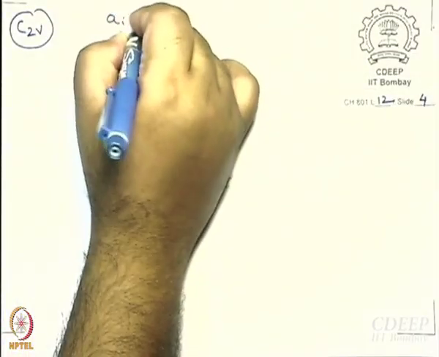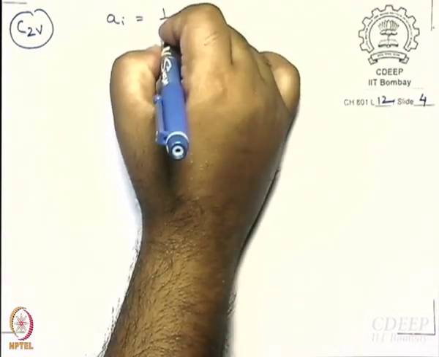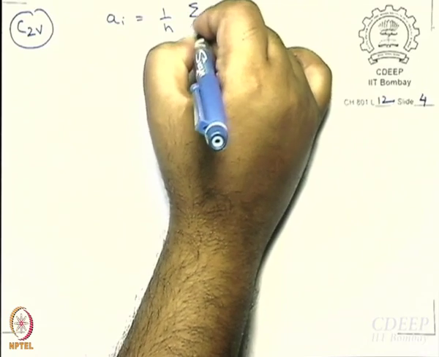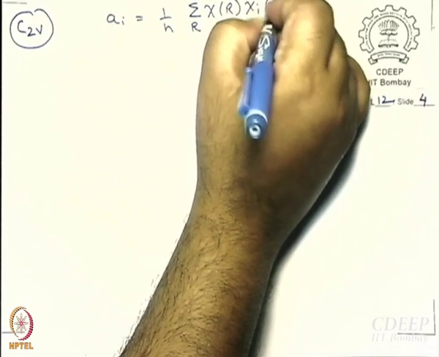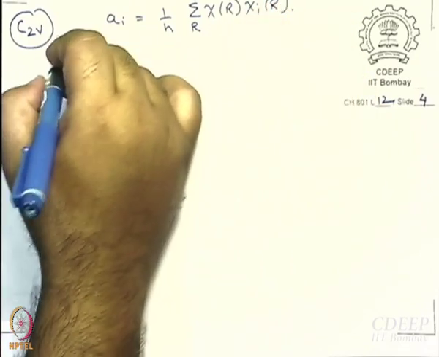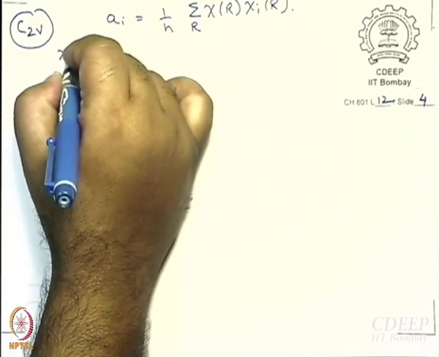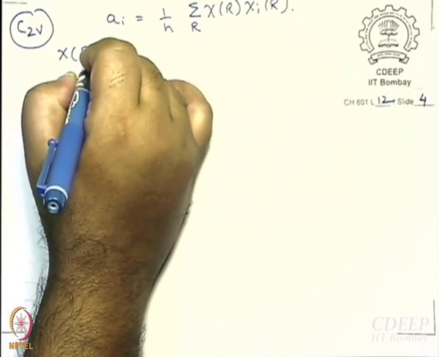Okay. Do we have the character table with us? I do. So, let me write the relationship first. a_i equals 1 by h, sum over R of chi of R times chi_i of R. And let me also write down what was chi in our reducible representation.